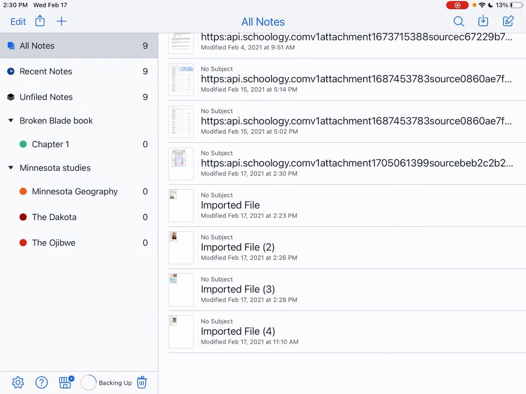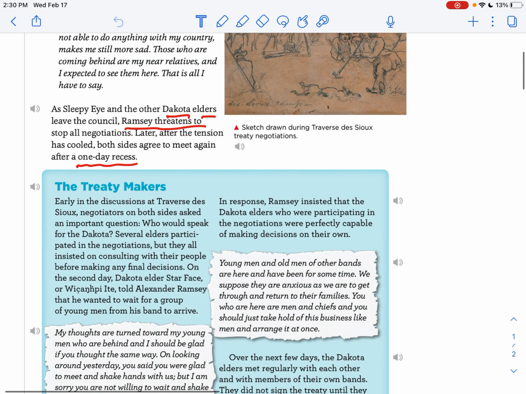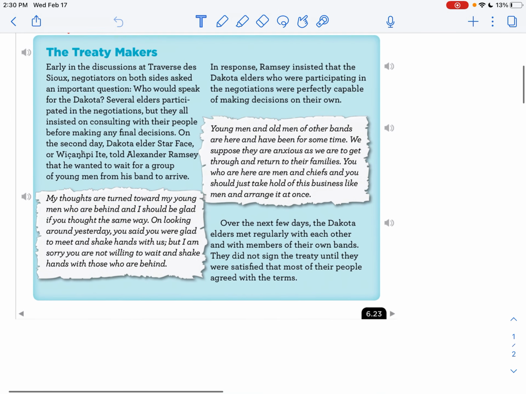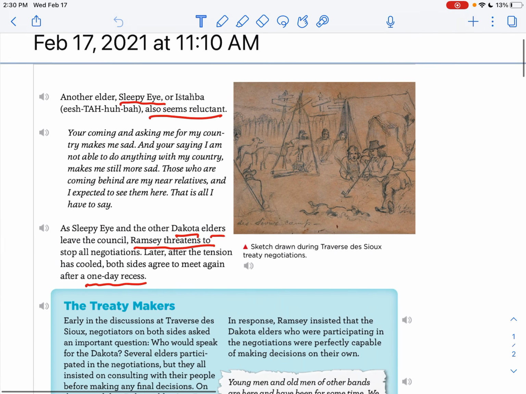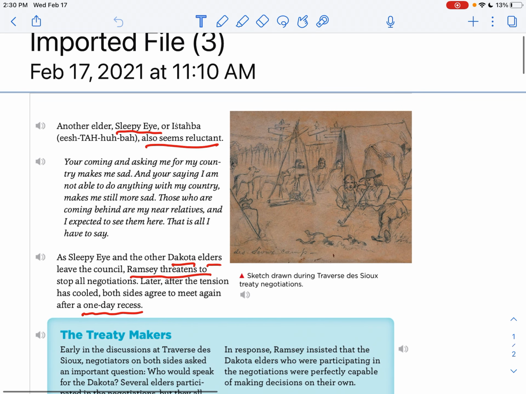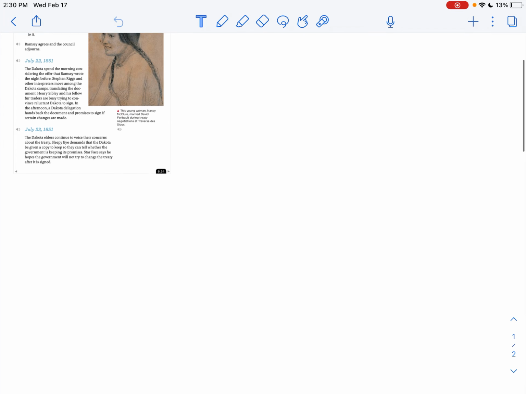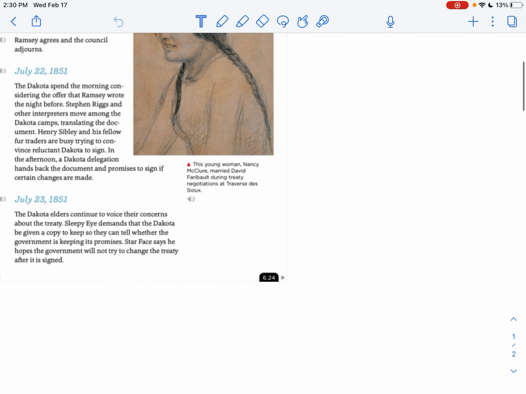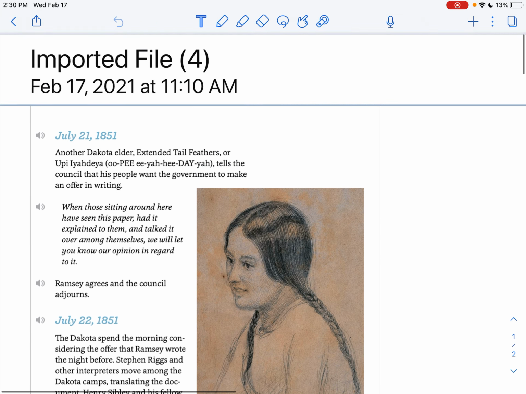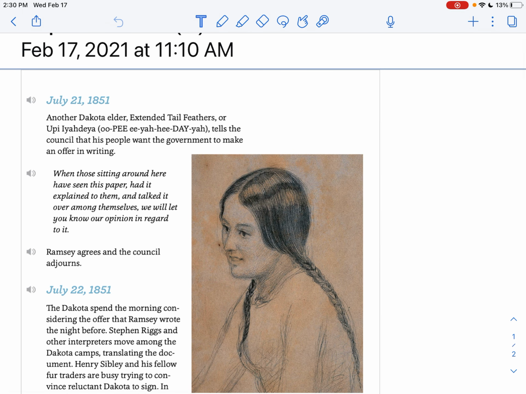So let's figure out what happened next. So, this is July the 17th, okay? So they took a 17th and 18th. Remember, they took a day or so off just to chill because they're getting kind of frustrated.